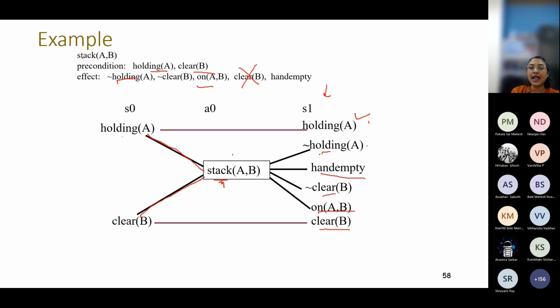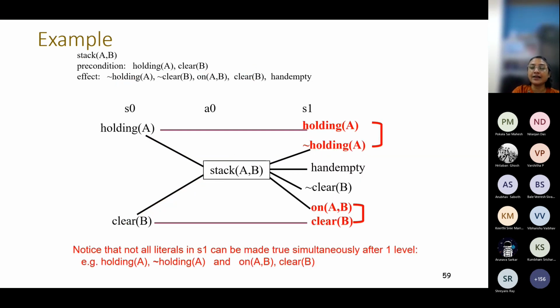So both are possible in layer 1, S1, but both cannot simultaneously be true. So we add a mutex link between holding A and not holding A.